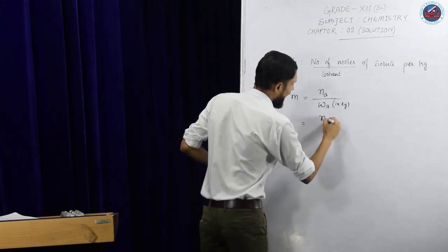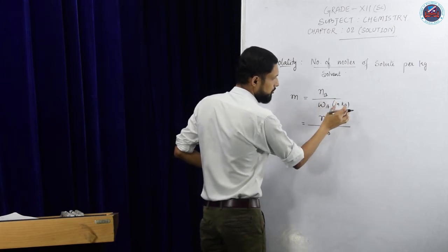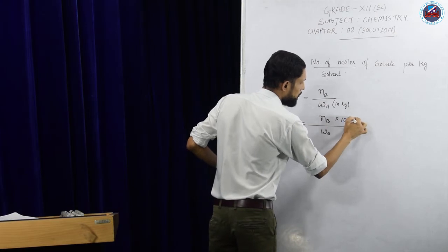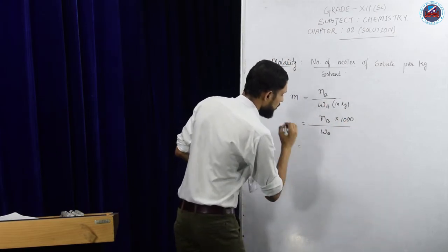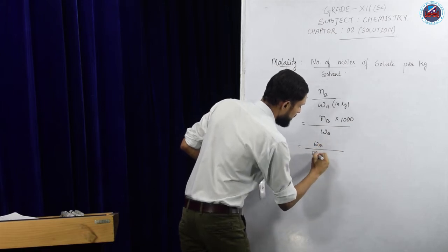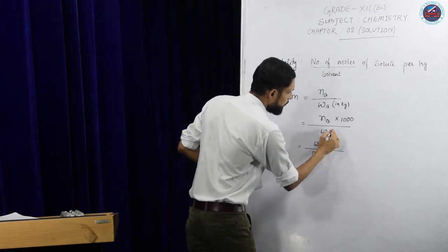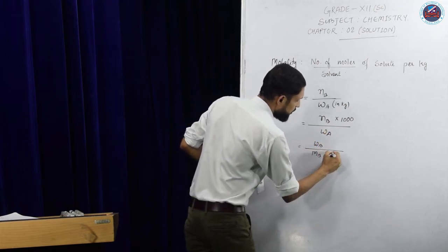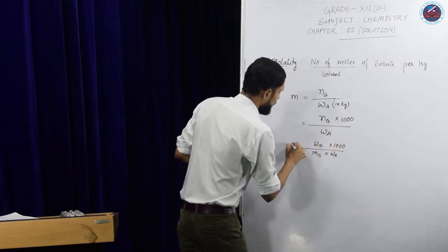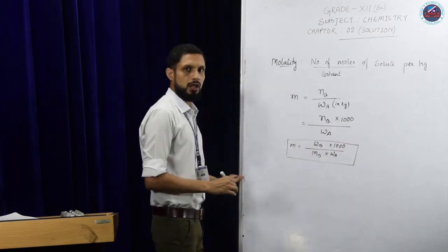Or instead of using kg, you can multiply by 1000. nB we can write as WB by MB, that is mass of solute by molar mass of solute, divided by WA, the mass of solvent, multiplied by 1000. So this is the formula of molality.